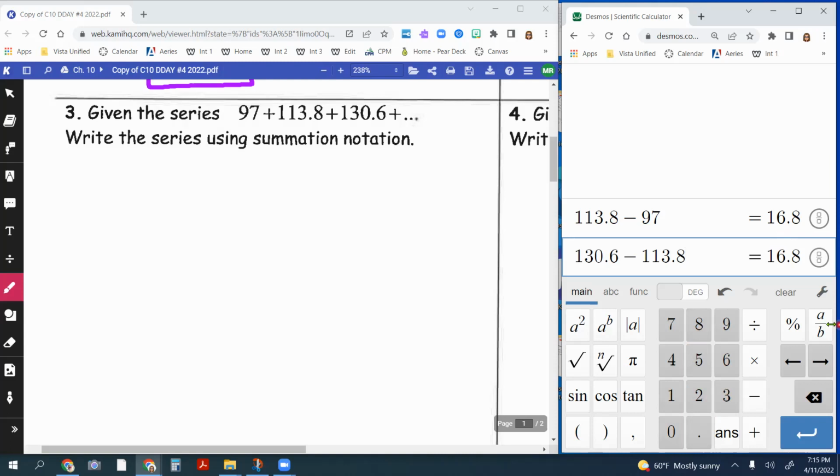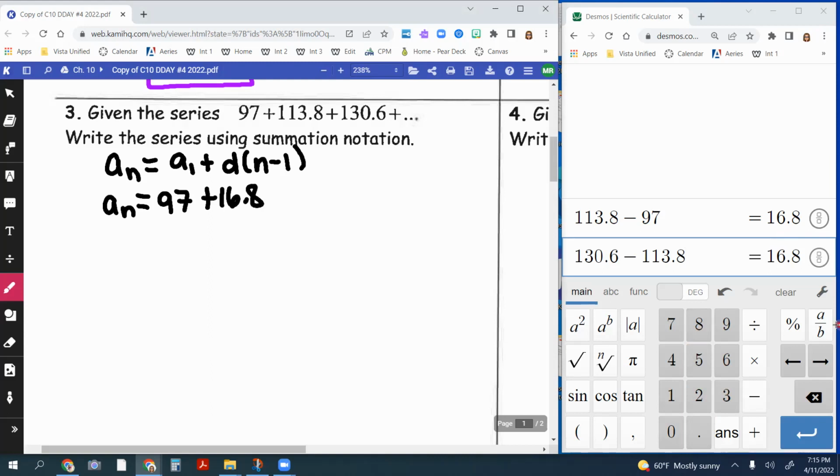So this is arithmetic. What we need to do first is figure out our a sub n. So a sub n is a sub 1 plus d times n minus 1 for an arithmetic one. So a sub n is going to be 97, and we're adding 16.8 times n minus 1.